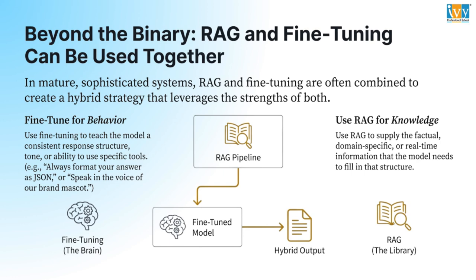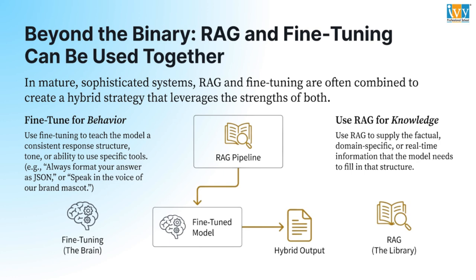You train it so it always, no matter what, formats its output as a perfect JSON object with specific keys. That's the skill. Right, the structure. Then at runtime, you use your RAG pipeline to find the actual information to put inside that JSON. The RAG part finds the facts from your latest documents, and the fine-tuned part ensures those facts are delivered in a perfectly structured, predictable way for whatever system comes next.